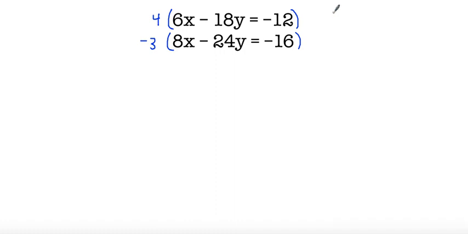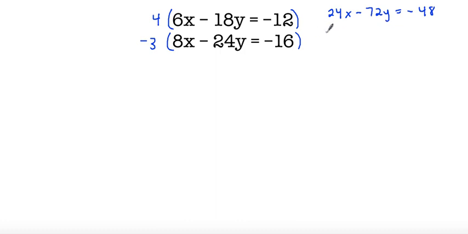So I end up with 24x, and then I have negative 18 times 4, and that's negative 72y. Then I have to multiply the 4 times the negative 12. So if I multiply those two, I get negative 48.